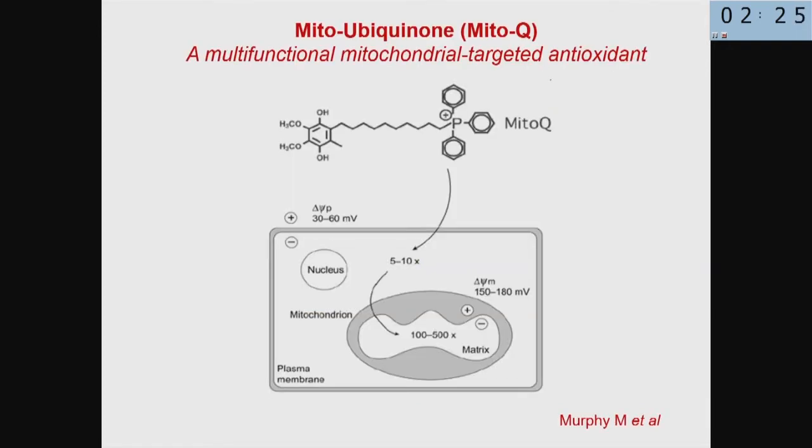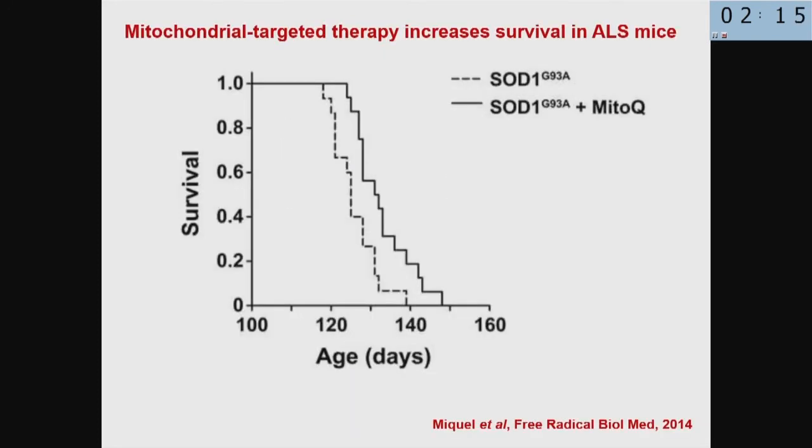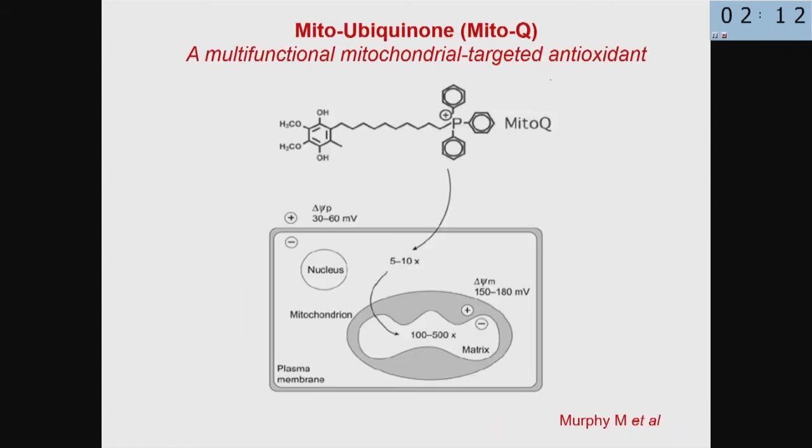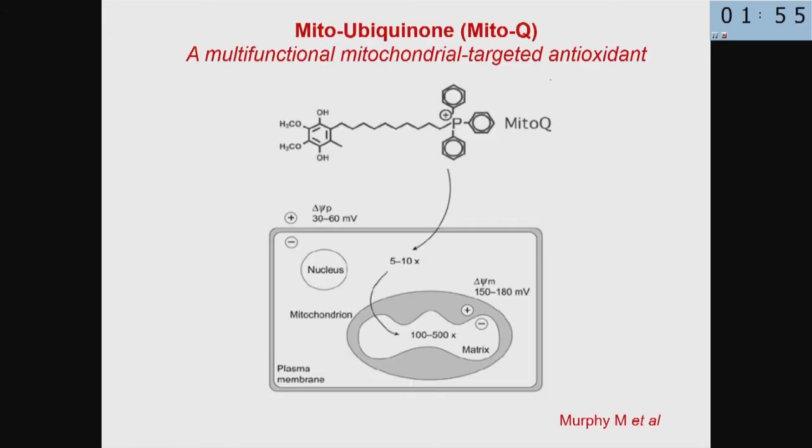If we move one step forward and we start treating animals after the disease started with a mitochondrial targeted antioxidant, such as MitoQ, work in collaboration with Mike Murphy that sent us the compound, which concentrates into mitochondria about 500-fold via this triphenylphosphonium moiety that is incorporated utilizing the electrochemical gradient.